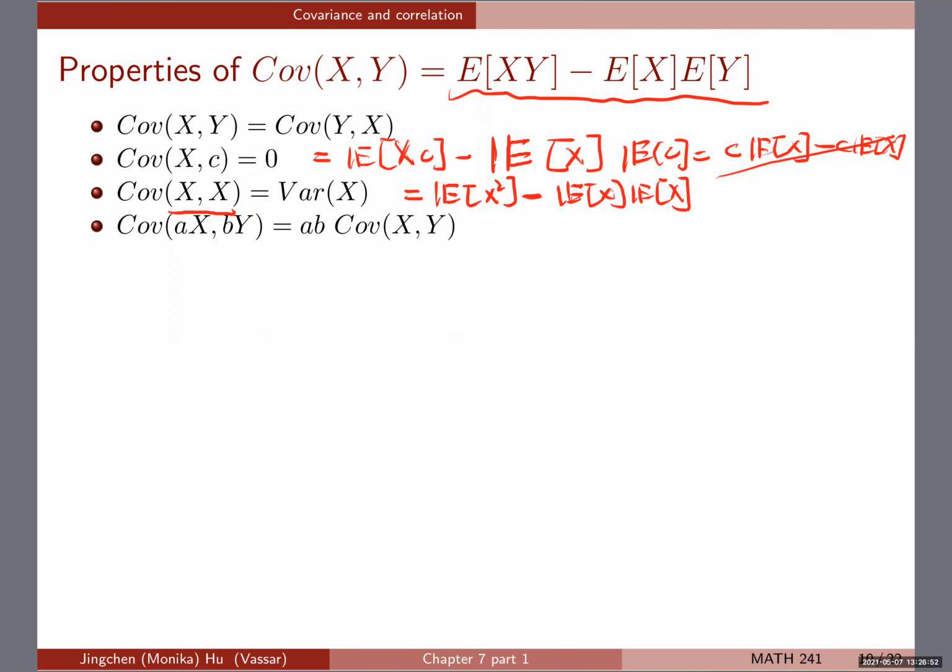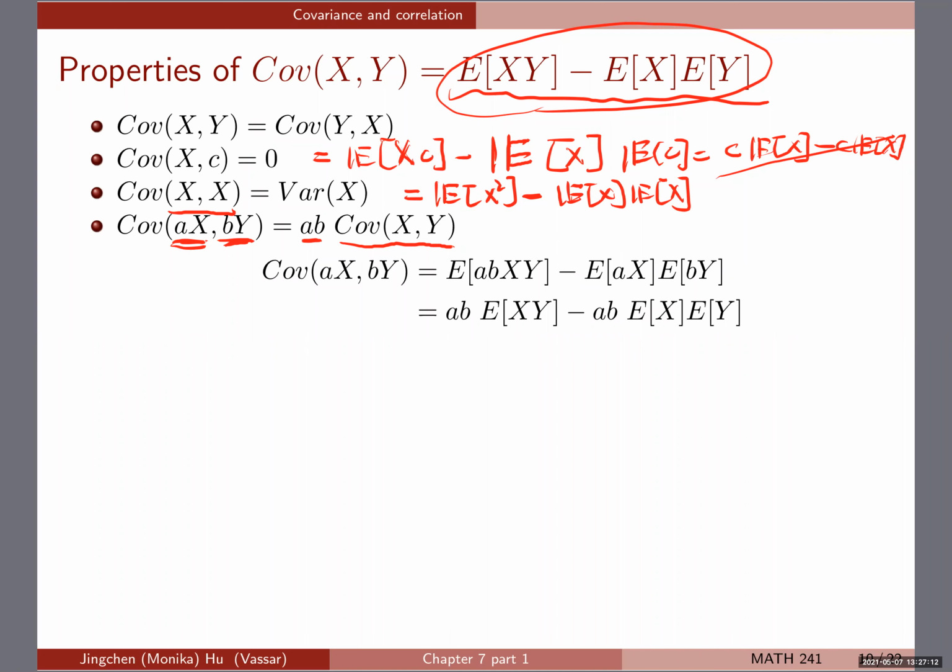All right, the fourth one here is that the covariance of aX and bY is a times b times the covariance of X and Y. Here we are going to go back again to that simplification of calculation, with aX in the first term and bY in the second term, so we'll go step by step. Here we show it in a few lines.